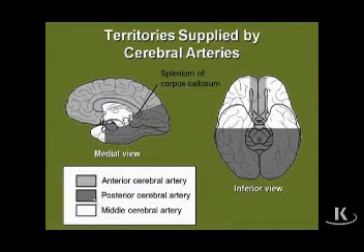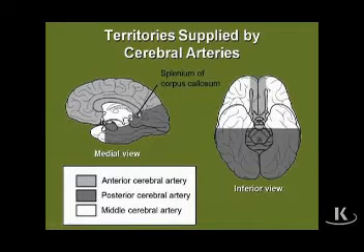Again, in the darker shaded area is the vascular territory of a posterior cerebral artery. And as we've seen, its major claim to fame is to provide the blood supply to primary visual cortex that's mainly found on the medial aspect of a corresponding temporal lobe. And we'll see this a little later.